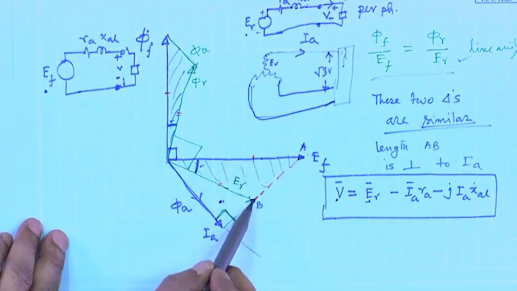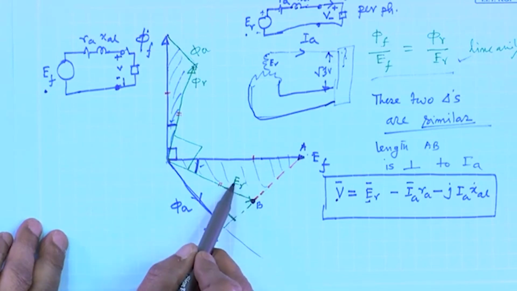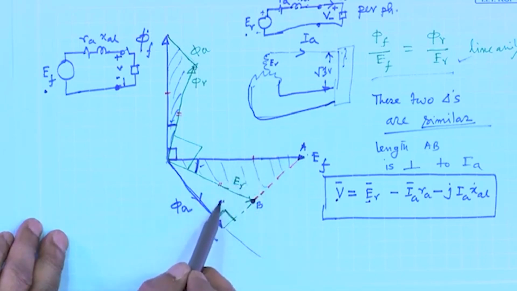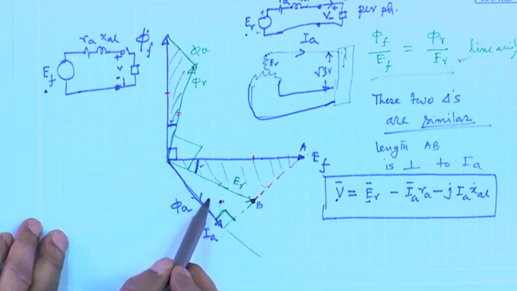So I would have ER, I know, then minus IA RA, minus j IA XL, and you will perhaps land up at terminal voltage V here.